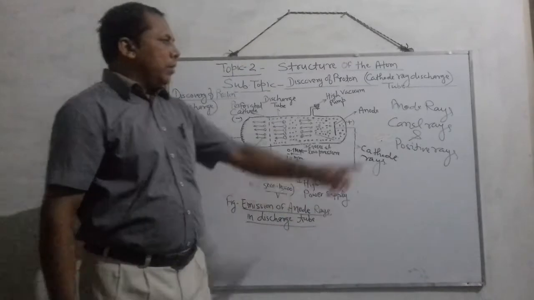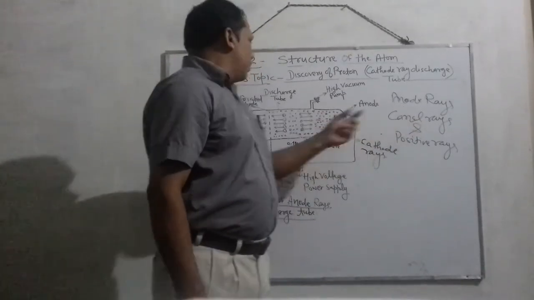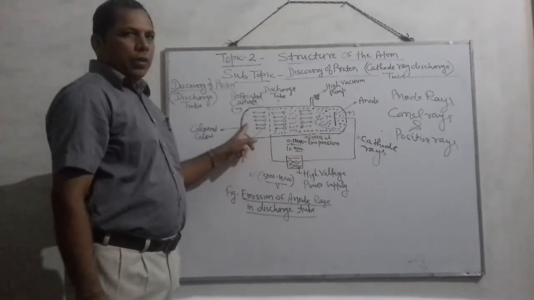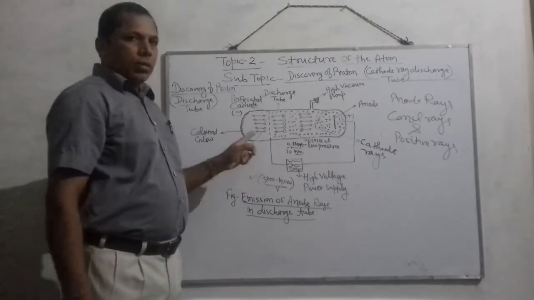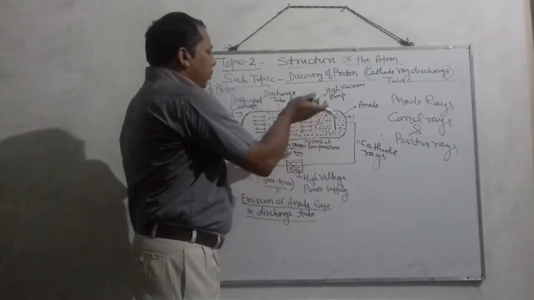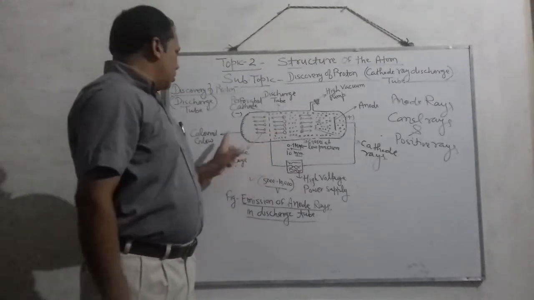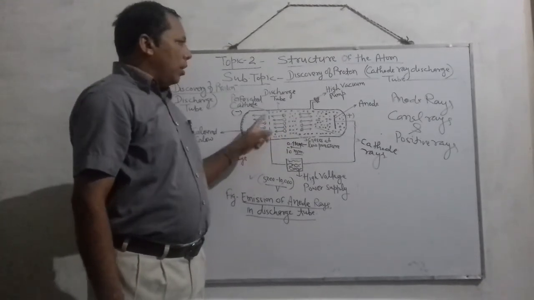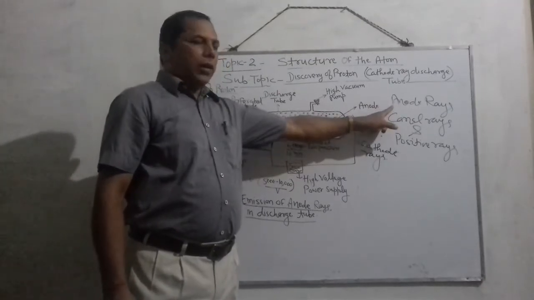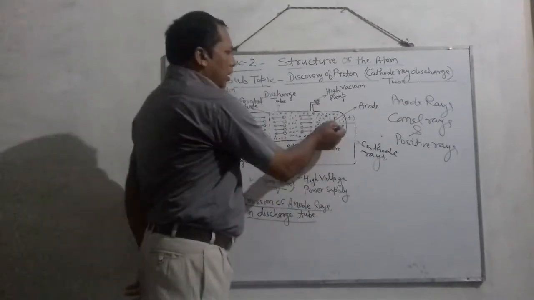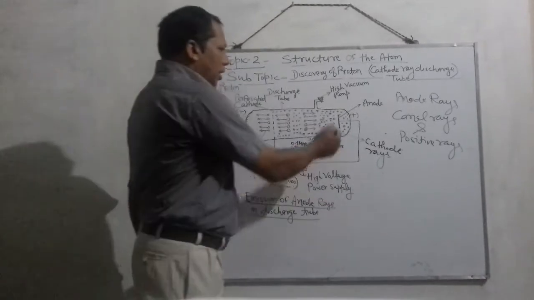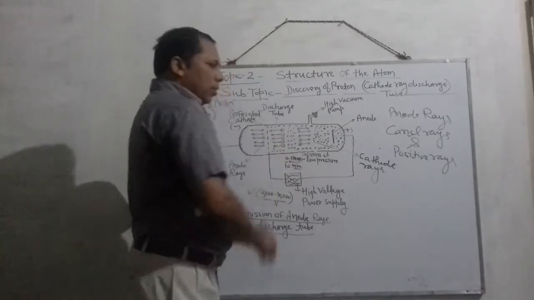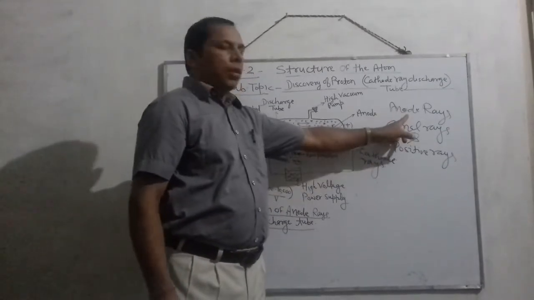So why are these names taken? The colored glow on the opposite side of the anode is due to the fast moving rays which were called anode rays. Why are they called anode rays? Because they originate from the anode.